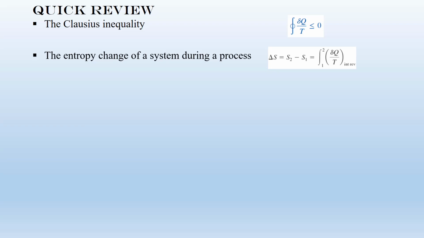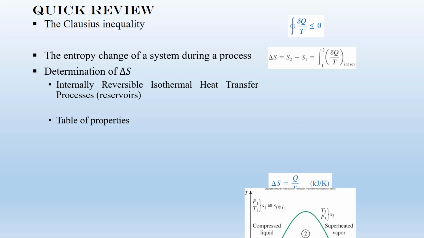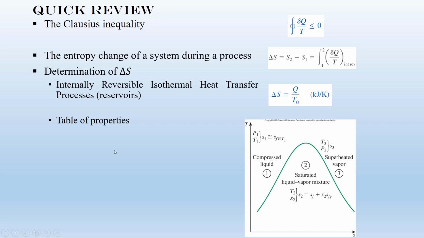So then you learned two different methods to calculate the entropy change delta S. For an internally reversible isothermal heat transfer process, or for a reservoir, you can write delta S equals Q over T naught. Remember, for a reservoir the temperature is constant, so you can simply use this equation.